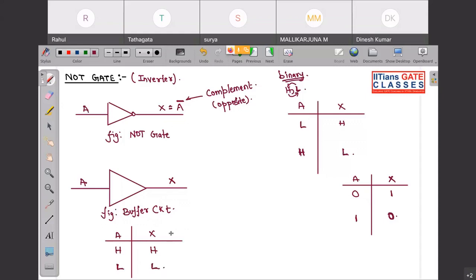Now you might be thinking, sorry, buffer circuit I wrote. This is actually buffer gate. In analog, this is amplifier. Good. In analog electronics, this is amplifier. But in digital, this is buffer gate. So buffer gate, later on we are going to see in combinational and sequential circuits that buffer gate is used for introducing, can anyone say why is it required?